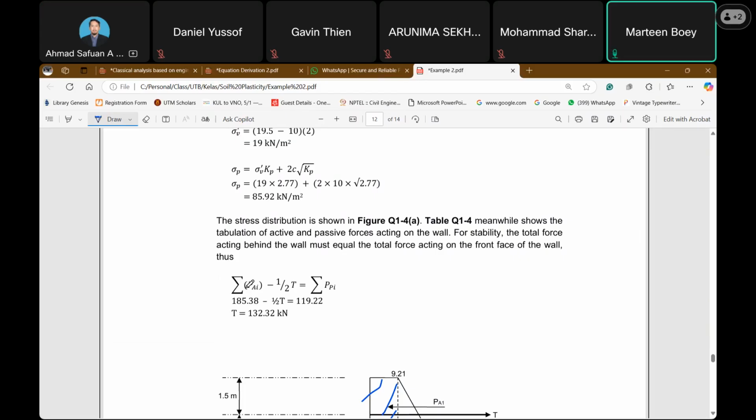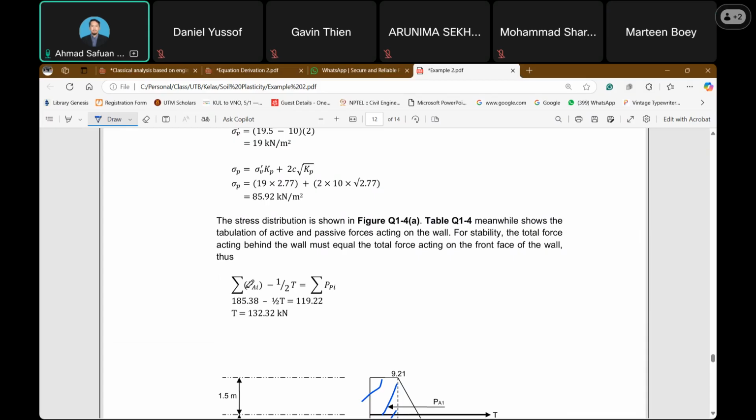Sir, is the T for two of the anchors or one anchor or both of them actually? The T value is for each anchor. Each anchor, because in this case the spacing is 2 meter.